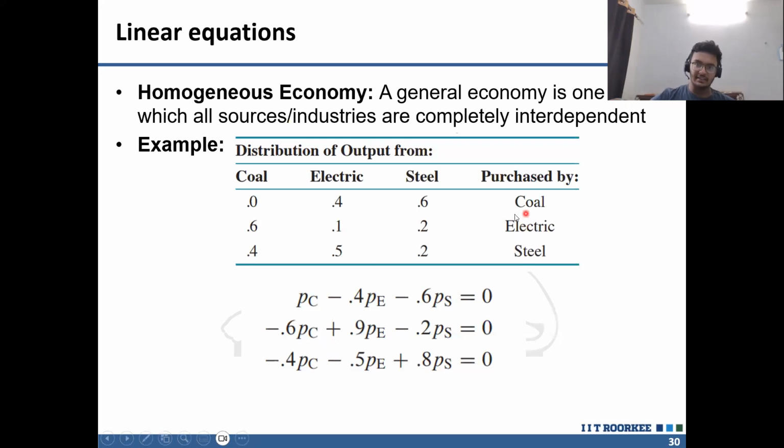And if we consider the electric industry, they are purchasing 0.6 amounts of coal, and then they are actually producing 0.9 PE because 0.1 of it is used by them, and minus 2 PS. So solving this linear equation is similar to calculating the null space of a matrix. This type of calculation helps us find the ratio and price, what type of ratio there is between the purchase and output from the various industries.